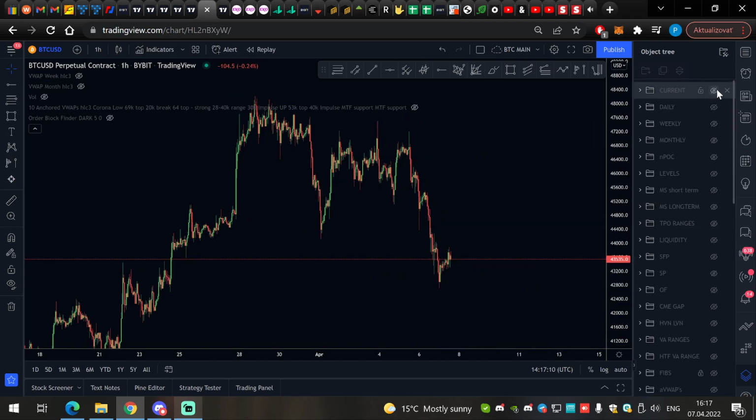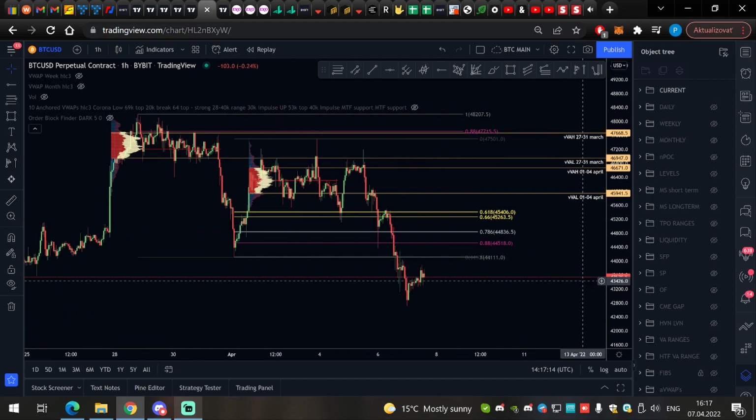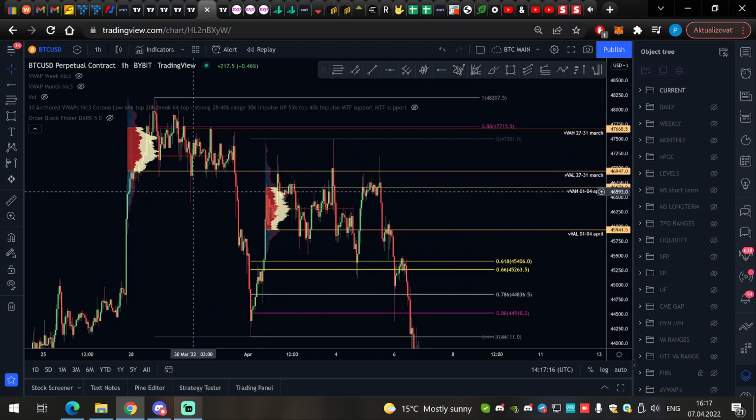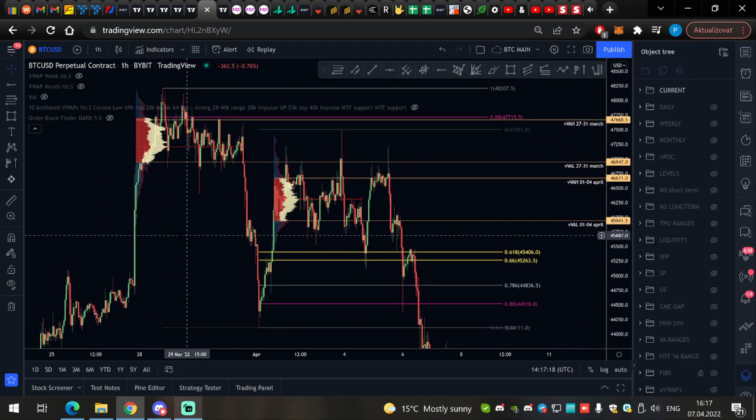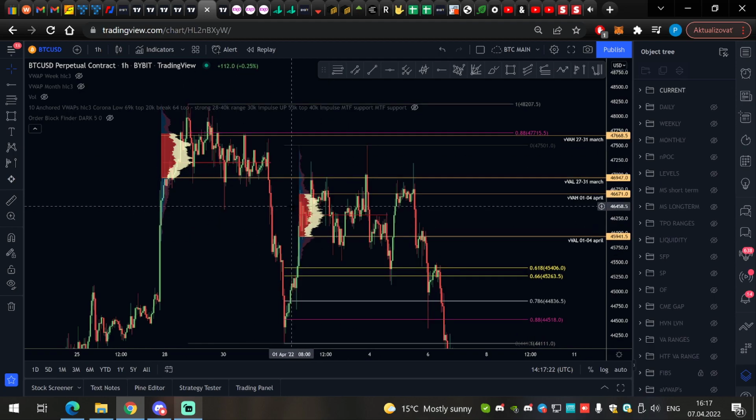Okay, let's go to our current folders. Just from auction market theory, you can very clearly see these are two important ranges Bitcoin was forming up here, and you were unable to close and claim acceptance into this range. If you would do that, it would be a bullish sign and you could continue to all-time highs.